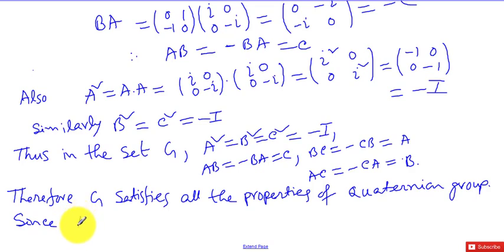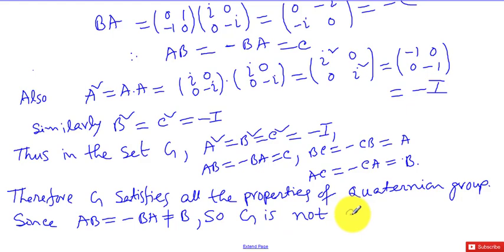Since AB is not equal to BA, G is not abelian.